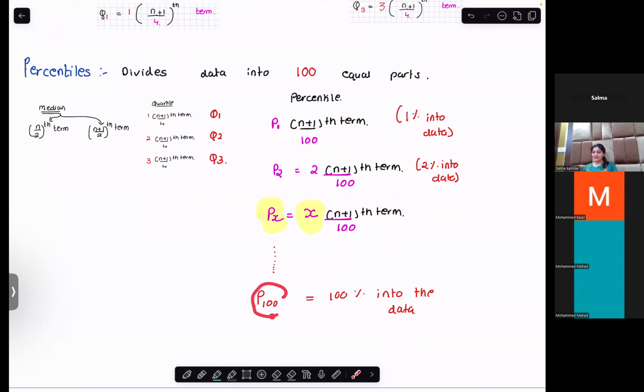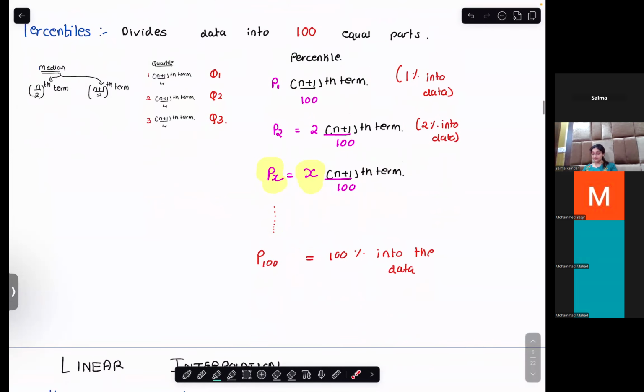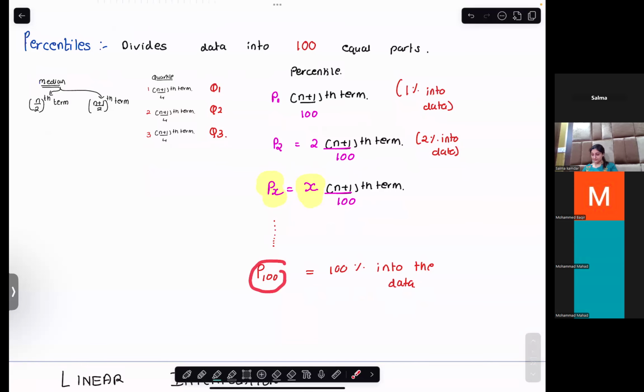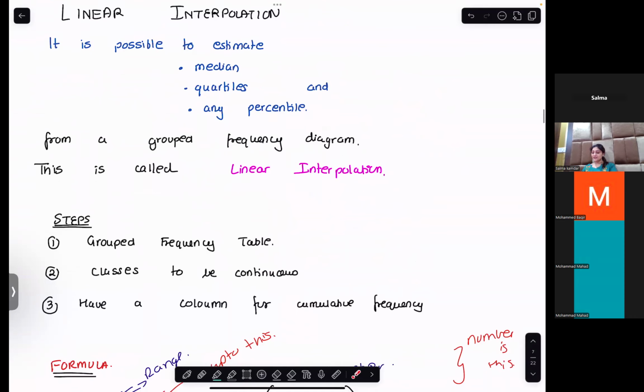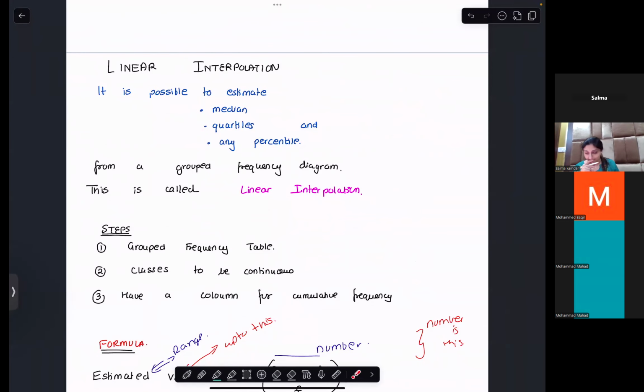When I talk about P100, what is P100? Percentile 100, so like 100% of the data. What is interpolation? Linear interpolation is used to estimate values. Which values? Measures of location.